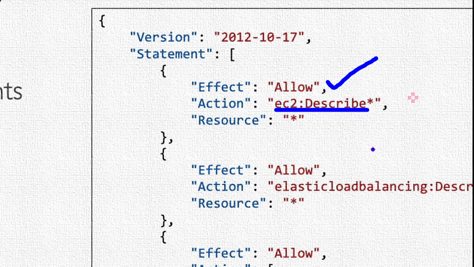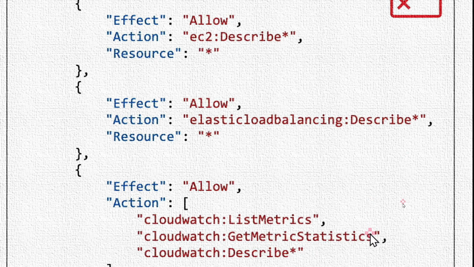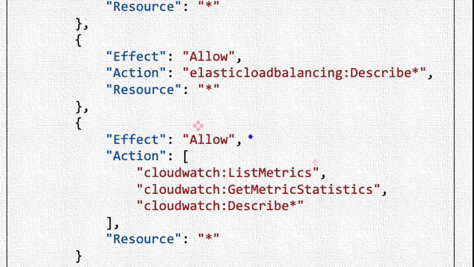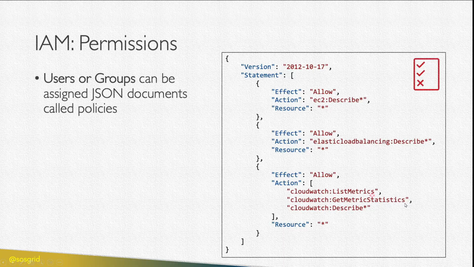And let's say we also want to allow a service called Elastic Load Balancing, and they can perform describe on it. It's also saying we want to allow a service called CloudWatch, but we only want them to list the metrics, or maybe get the statistics from our AWS account, right? So this is very simple to read, but you don't need to understand it.